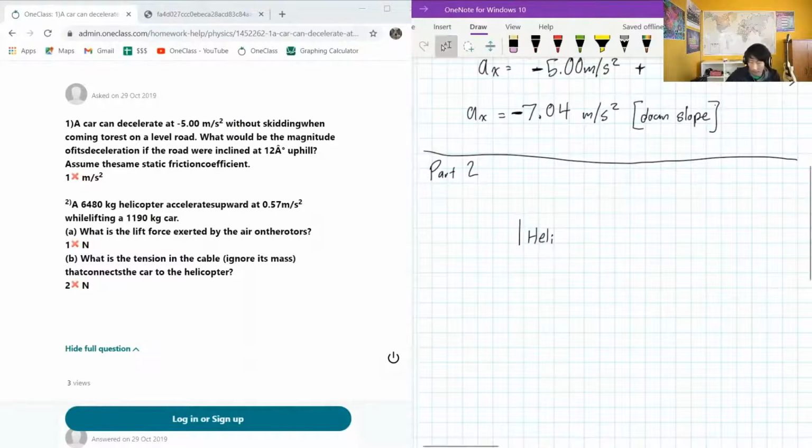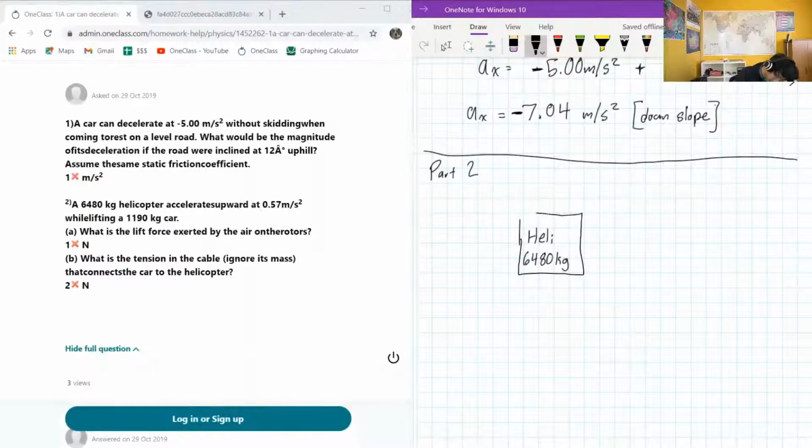And what was the mass of the helicopter? That's 6,480 kilograms. And it is attached by rope to a car, and that car is 1,190 kilograms.